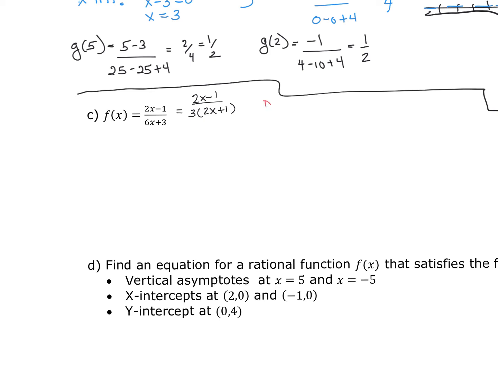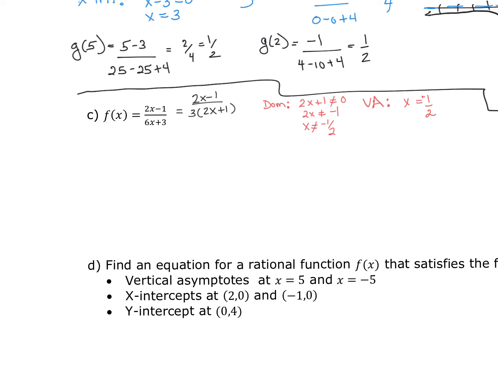And my domain is going to be wherever 2x plus 1 cannot equal 0. So x cannot equal -1/2. So that means our vertical asymptote is x equals -1/2.